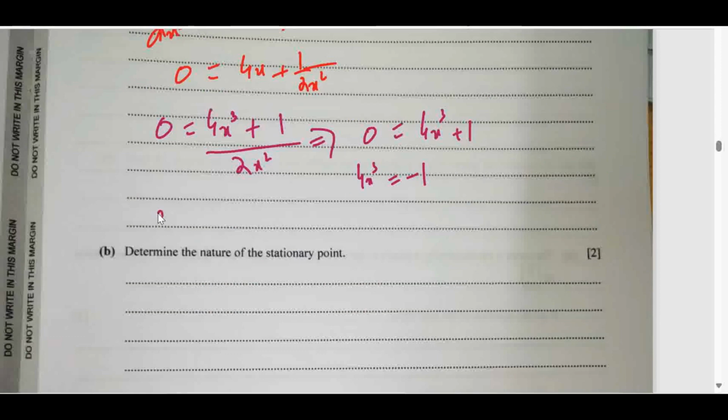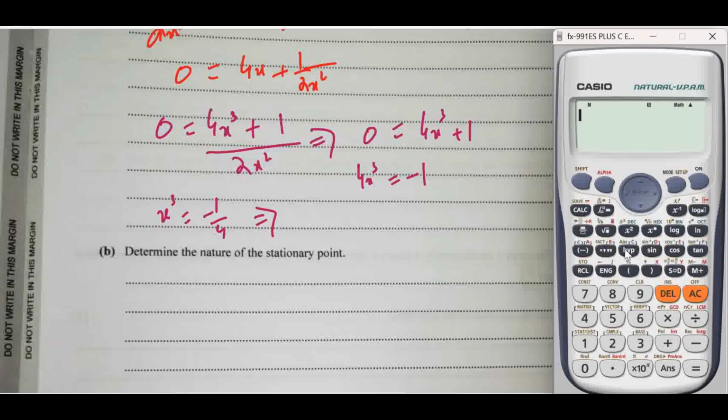So x cube is equals to minus 1 by 4. So finally the answer will be the cube root of negative 1 by 4. Let's see the cube root of the answer. This will be equals to minus 0.629.